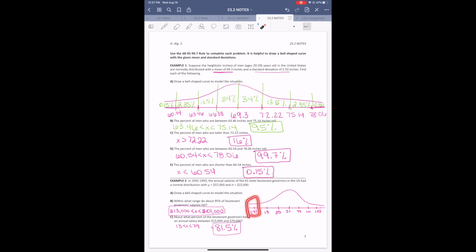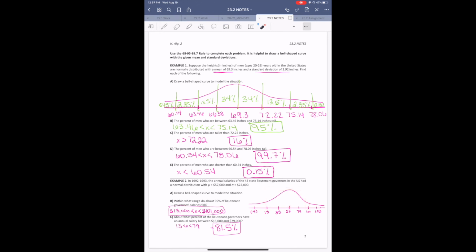This would never happen. Okay, so when we look at this data, for B, you were asked to find within what range 95% of the salary falls. Well, remember, within 2 standard deviations, we have 95% of the data. So in this case, between 13,000 and 101,000 would be the governors' salaries.